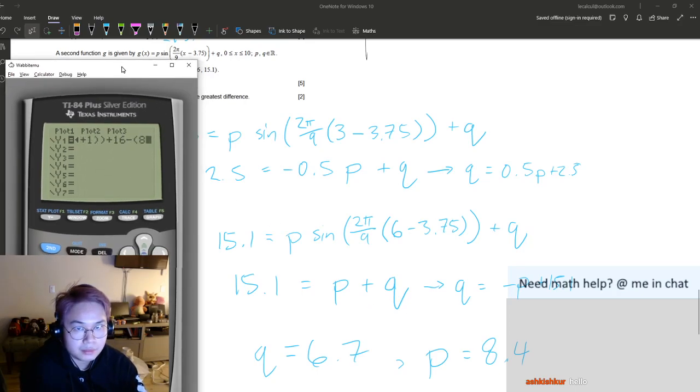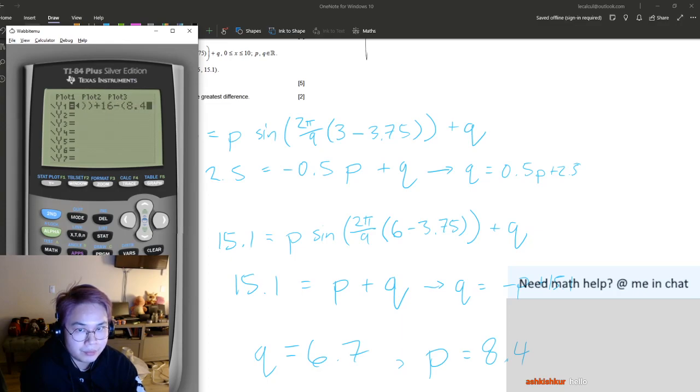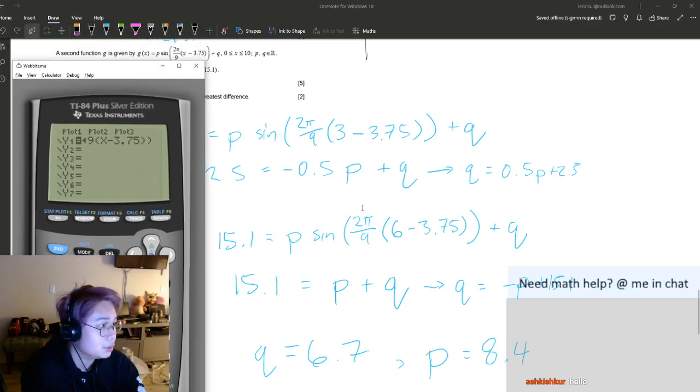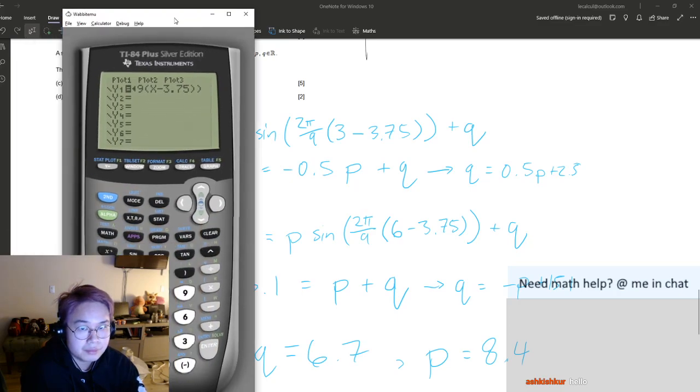I'm running out of so much room. 8.4 sine, and then it was 2 times pi divided by 9, bracket x, subtract 3.75, bracket bracket. Do I need another third bracket? I don't think so. And we finish off with plus q, which we found out was 6.7.